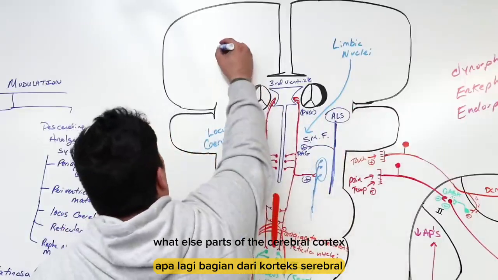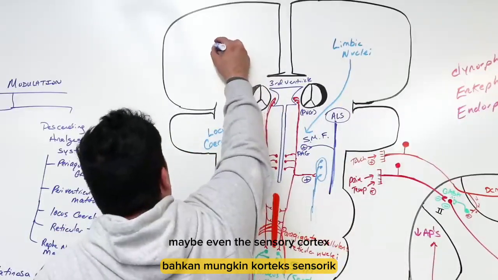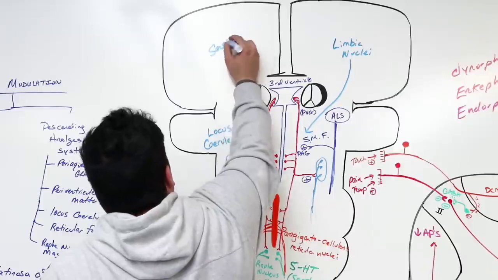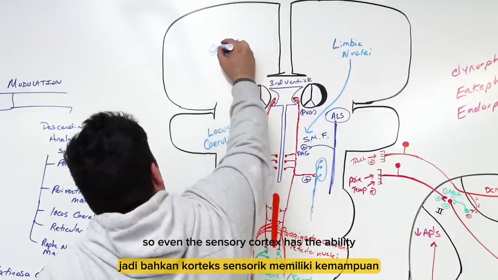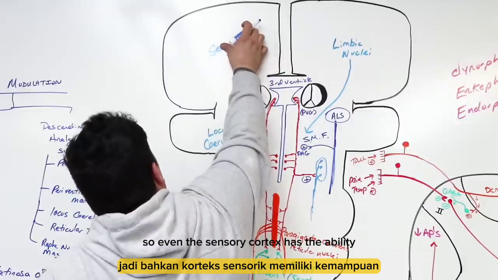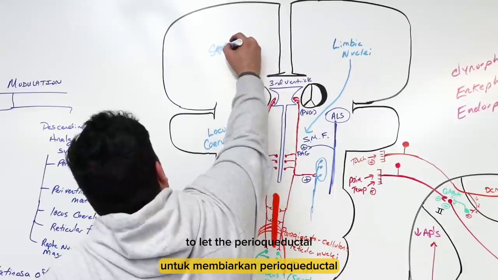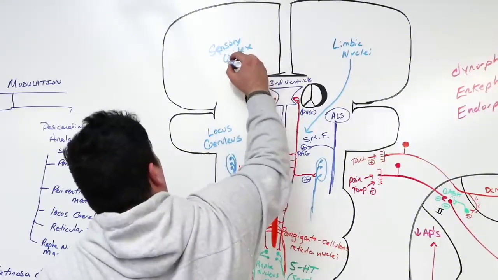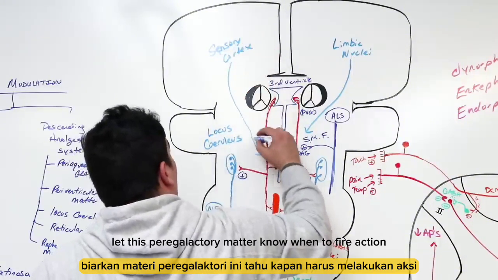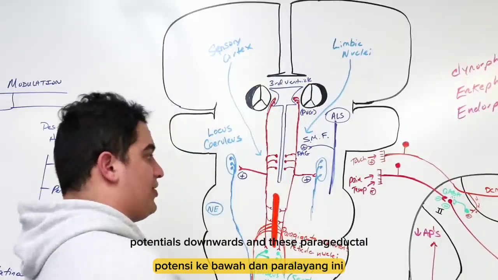What else? Parts of the cerebral cortex, maybe even the sensory cortex. The sensory cortex can send down information here. So even the sensory cortex has the ability to let the periaqueductal gray matter know when to fire action potentials downwards.